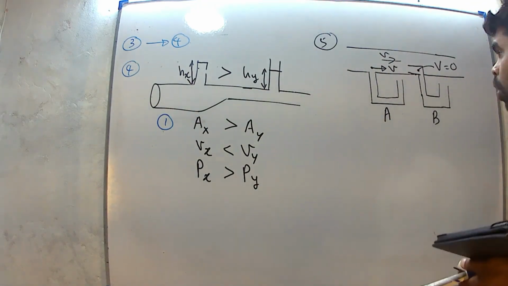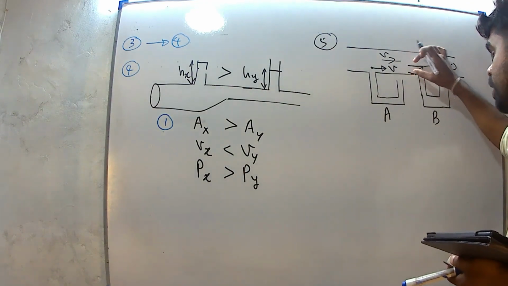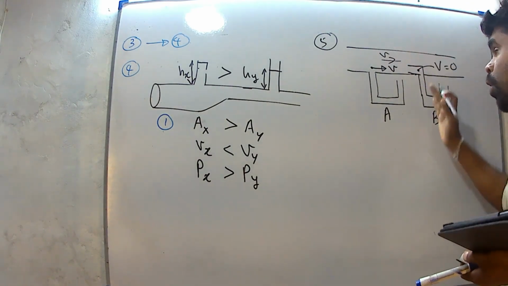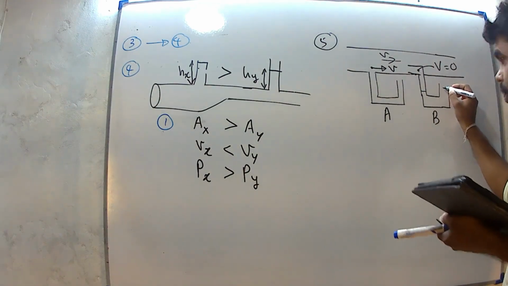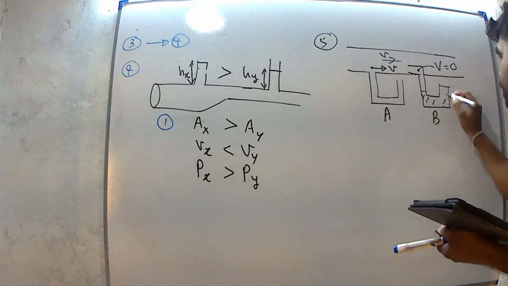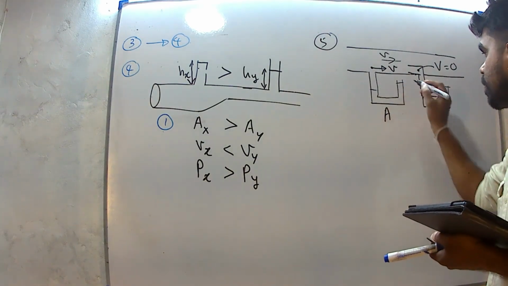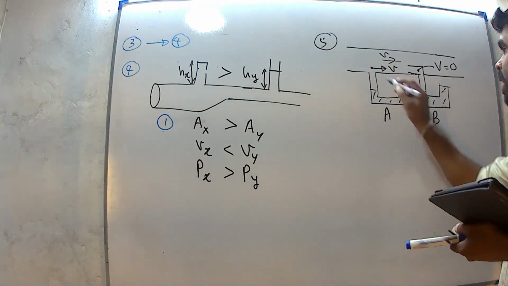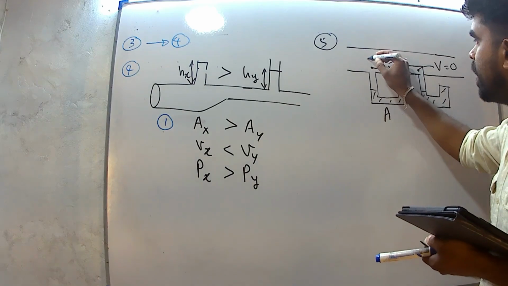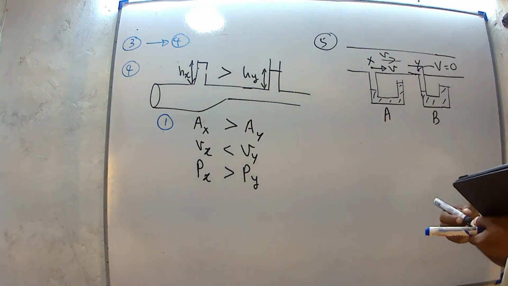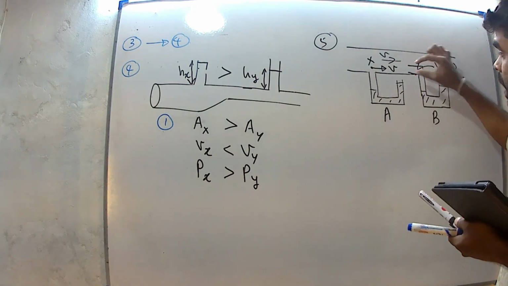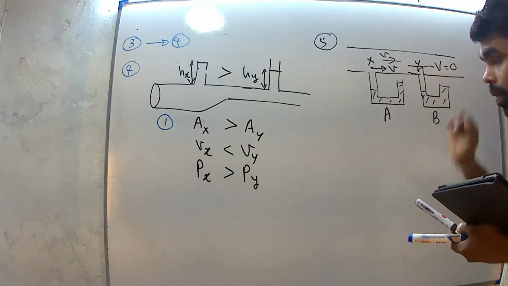It will not move through this pipe because it is a closed one. There is a manometer liquid in this part. Now we can use Bernoulli's principle between this x point and y point.